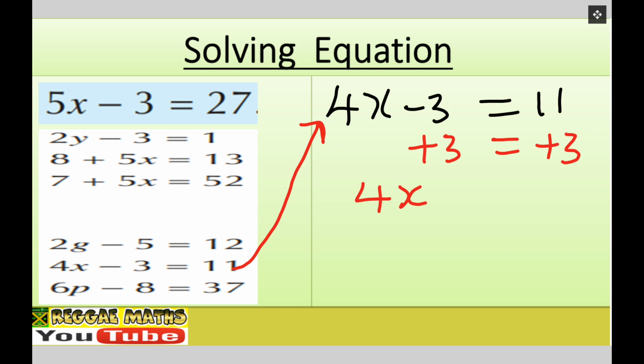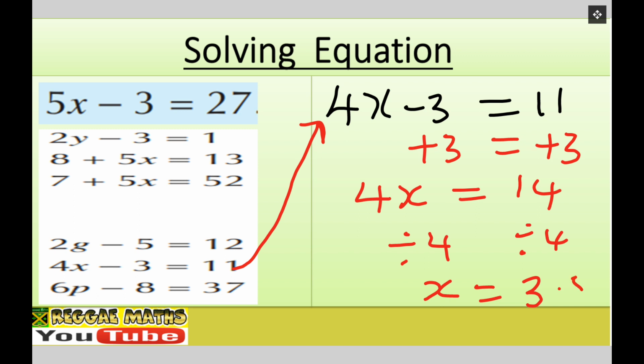So 4x equals 14. Divide by 4 on both sides. x equals 3.5, which you can also write as 3 and a half. Both are the same, both are acceptable.